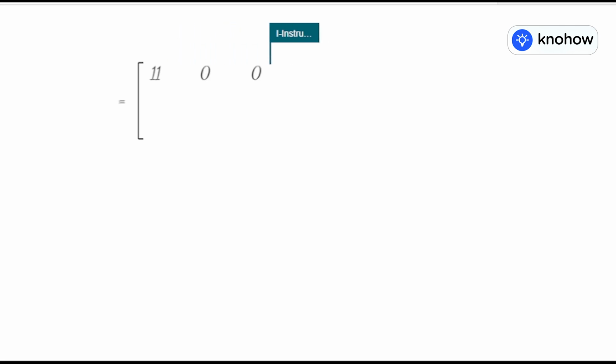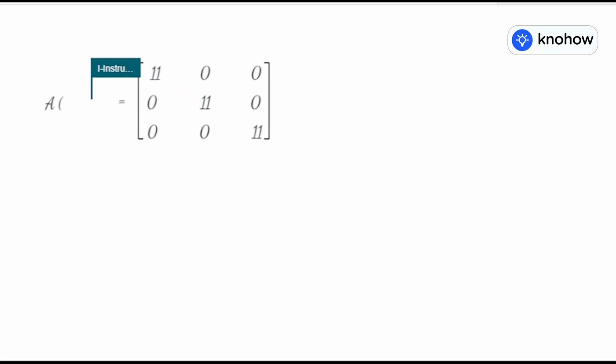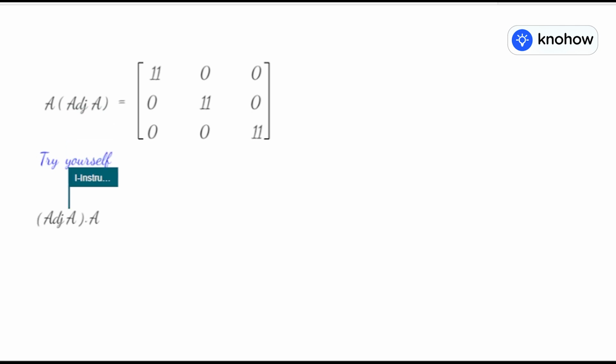So this is the value of A into adjoint A. And now I leave for you to try, please try yourself that the product adjoint A into A, it is just a matter of taking product, will also be the same 11, 0, 0, 0, 11, 0, and 0, 0, 11.